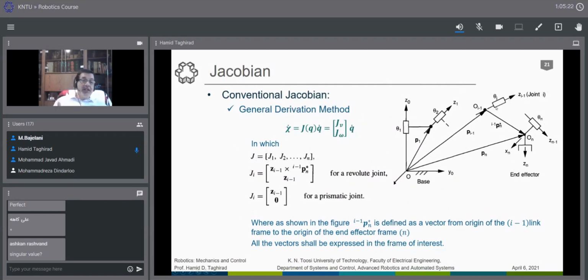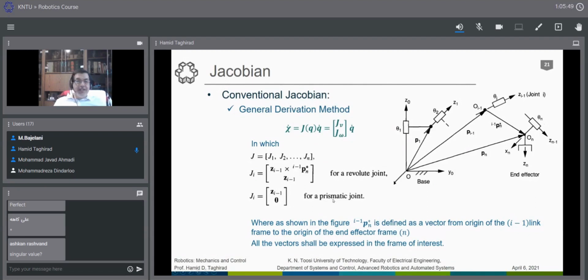It would be either a prismatic joint or a revolute joint. As we discussed from the beginning, we just use the primary joint for any robot, and if we have a compound joint, we will basically change it to a primary joint. So we have a primary joint, either prismatic or revolute.